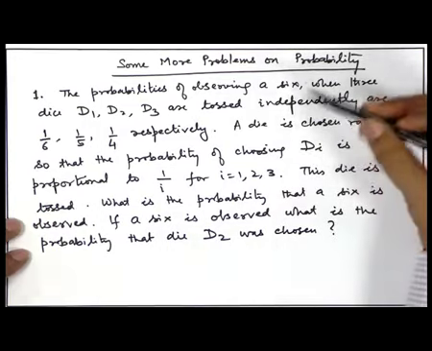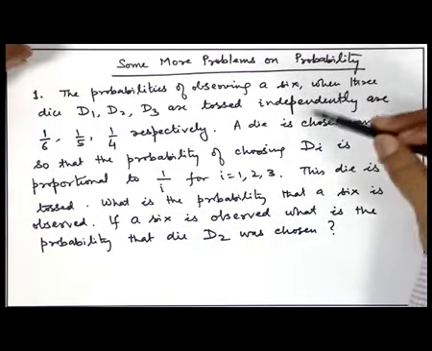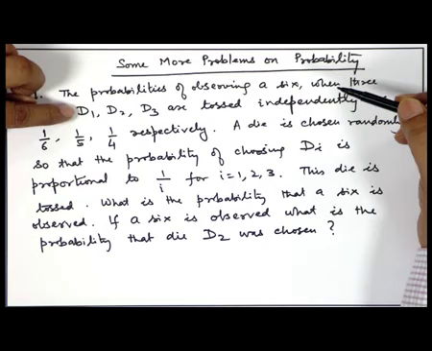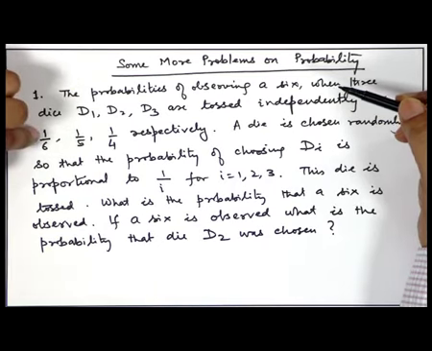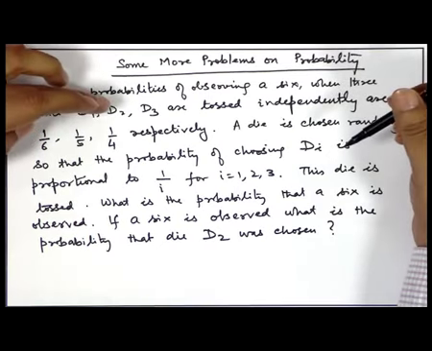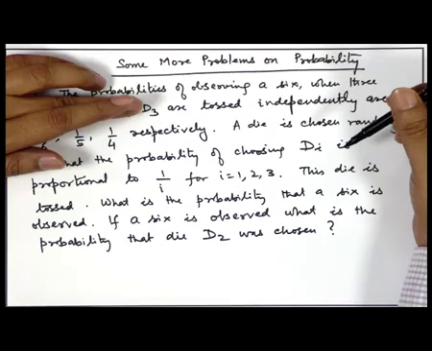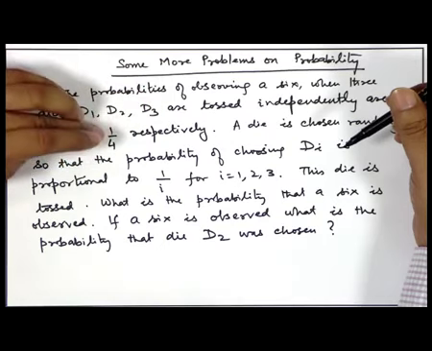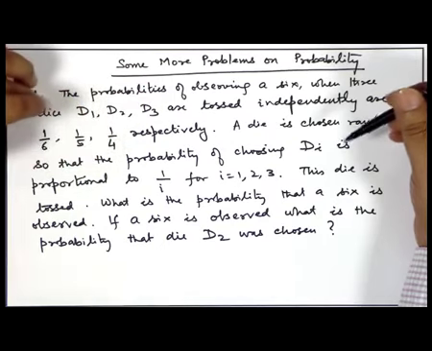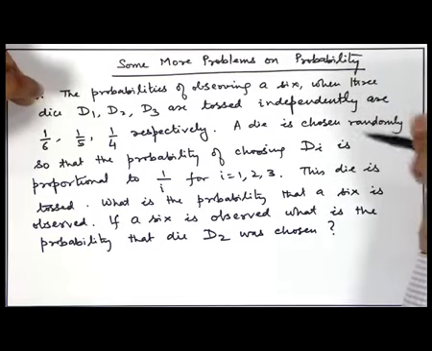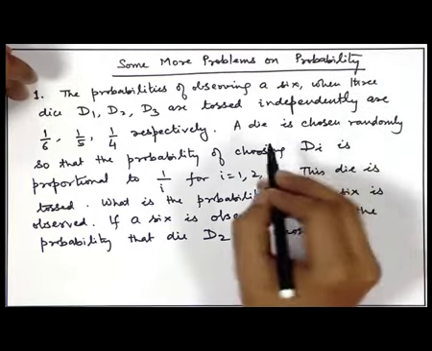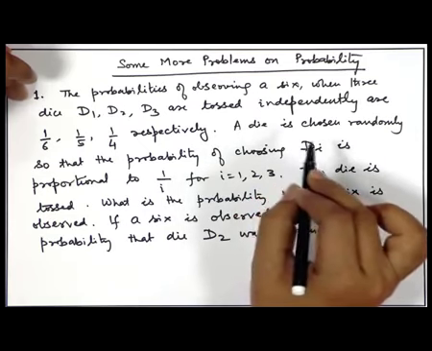So, let me again repeat the problem. There are 3 dice. If die D1 is tossed, then the probability of a 6 is 1 by 6. If the die D2 is tossed, then the probability of 6 is 1 by 5. If the die D3 is tossed, then the probability of 6 is 1 by 4. Now, one die is chosen at random, but the probability of each die is not 1 by 3.